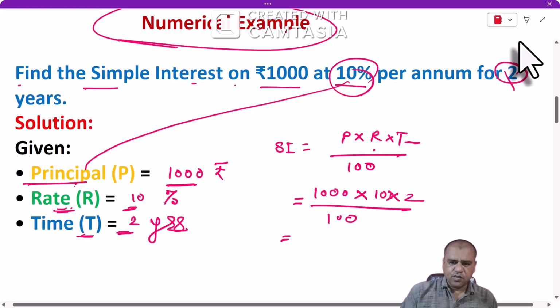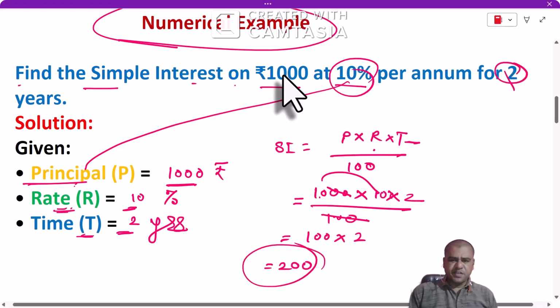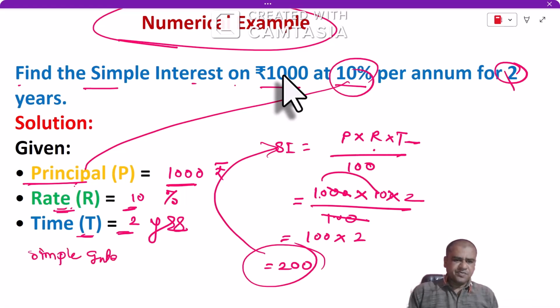On calculating, the 100 cancels with 1000, leaving 10, so 10 into 10 is 100, into 2 is 200. This 200 is the simple interest. Therefore, simple interest is equal to 200.